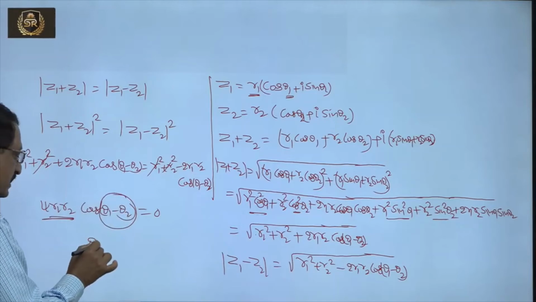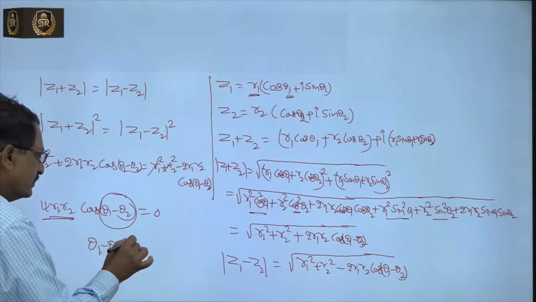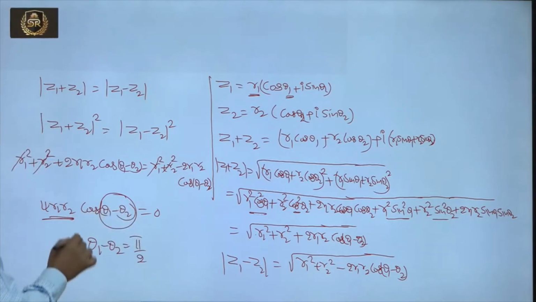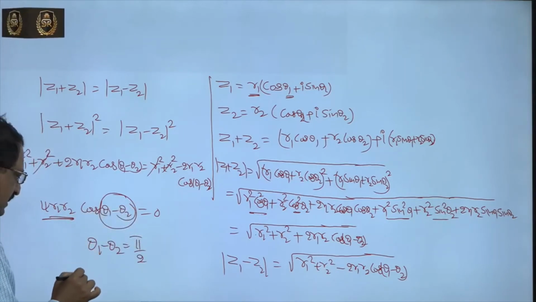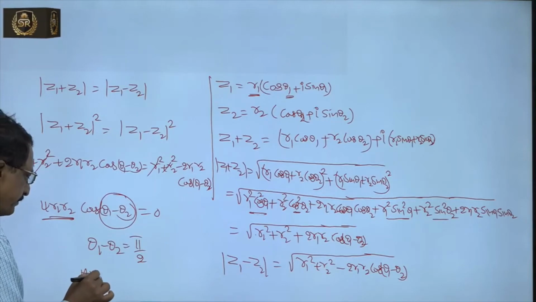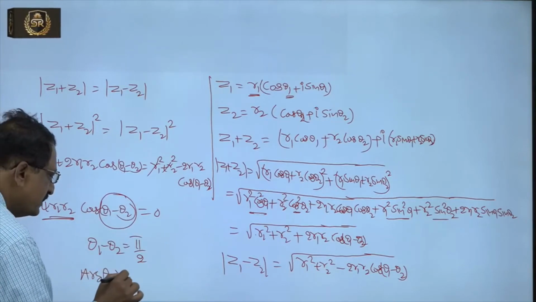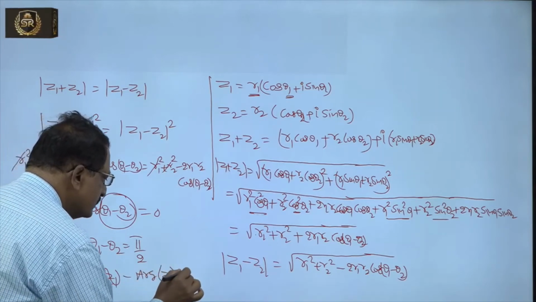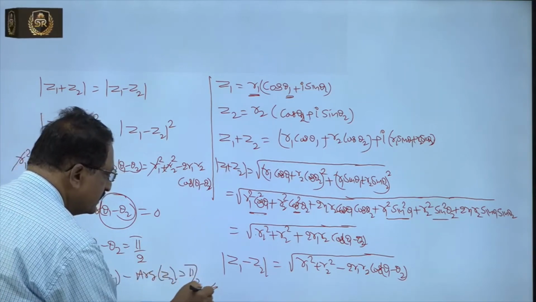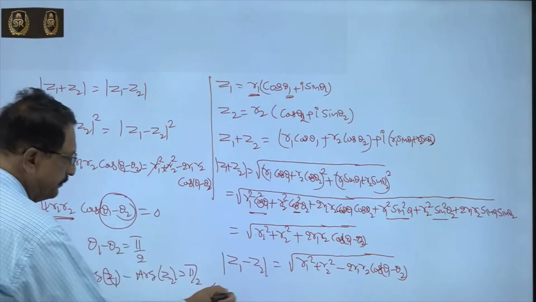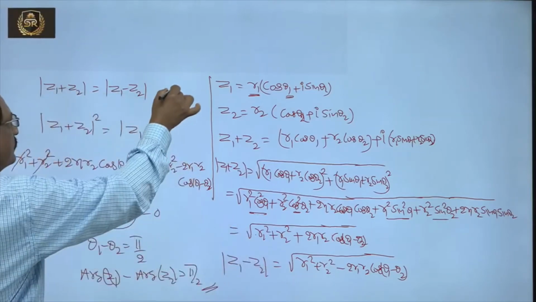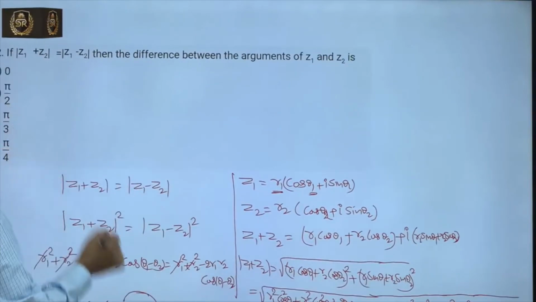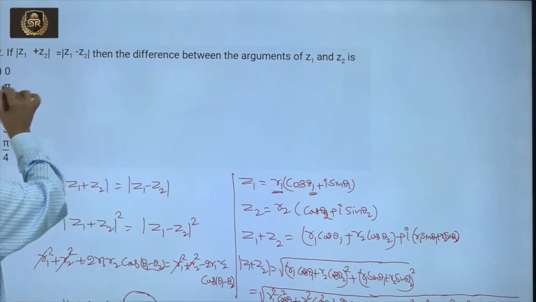Now theta 1 minus theta 2 equals 90 degrees, because cos theta equals 0, so theta equals 90 degrees. Now theta 1 is the argument of z1 minus theta 2, the argument of z2, equals 90 degrees. Pi by 2 is the answer. Then option B is correct, the second option.